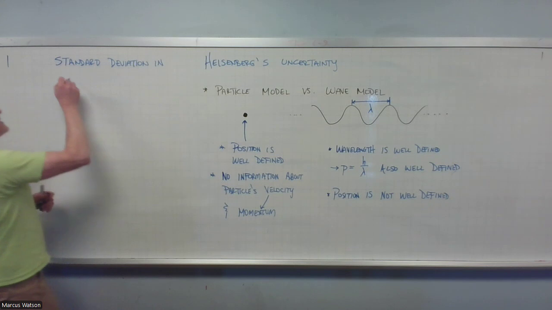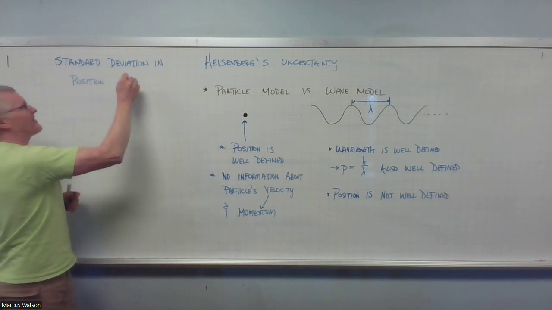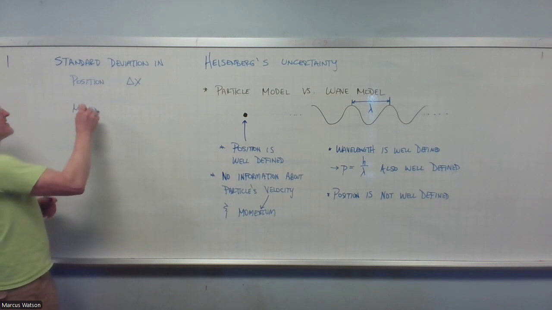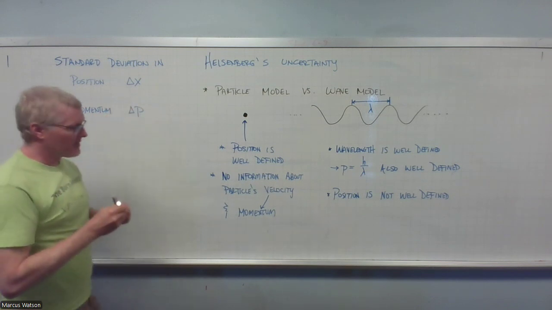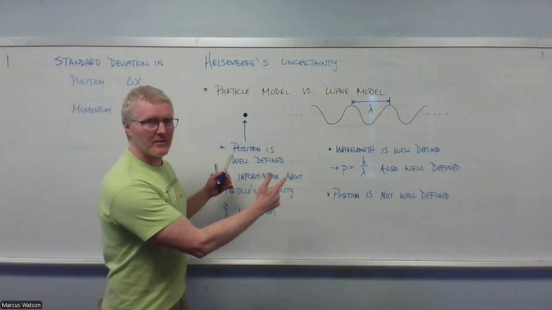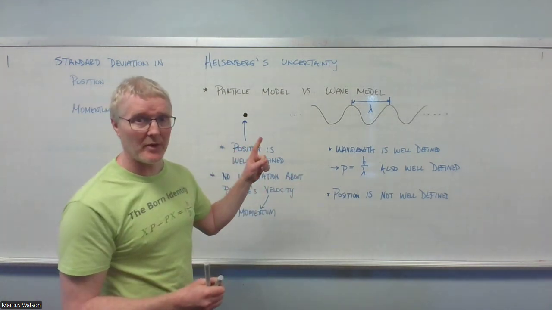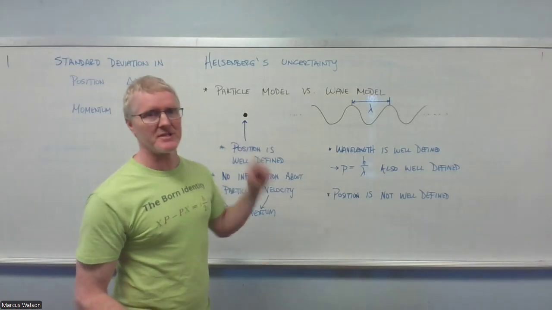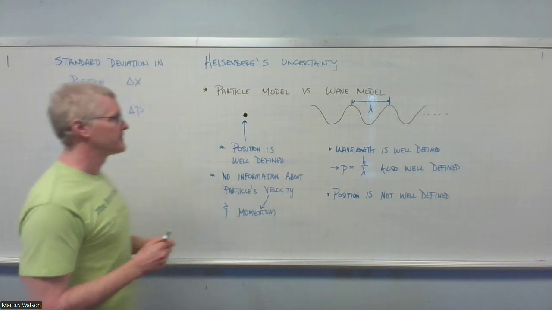Standard deviation in position, you might write as delta x, and in momentum, you might write it as delta p. And what this is saying is that you can't say for a quantum particle exactly where it is and exactly what it's doing with as much certainty as you like. There is a limit to how much certainty you can put into that statement.